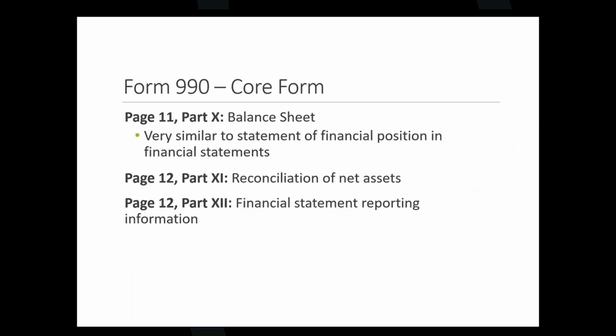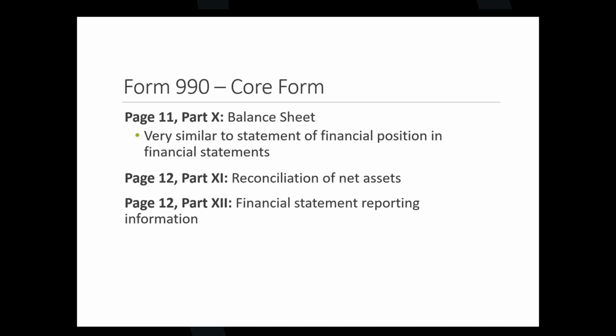And then the last few sections of the core form are the balance sheet. This is very similar to your statement of financial position in your financial statements. Part 11 is the reconciliation of net assets. There are some differences between GAAP financial statements and the 990, and that's what those differences would reconcile.